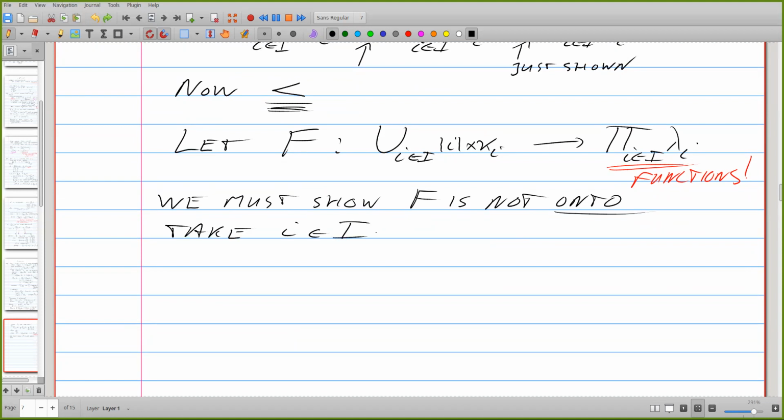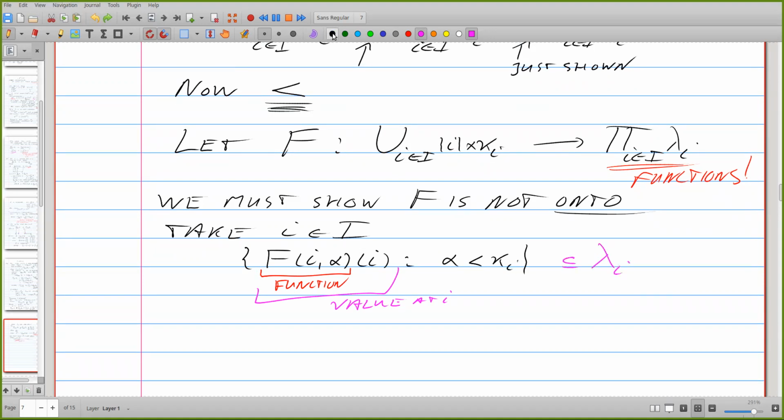Well, take an i from I. What can we say? Again, let's be clear. This is a function, and so we have a value at i. Now, this is a subset of lambda_i.